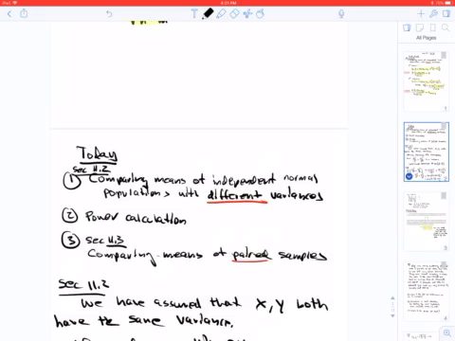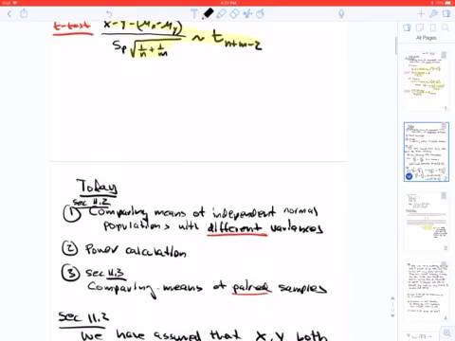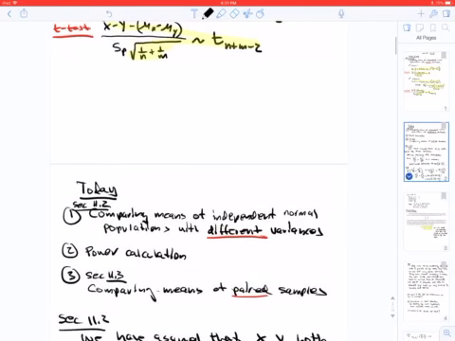Today we're going to continue section 11.2, comparing the means of independent normal populations with different variances. I should mention that we're going to come back after the midterm to 11.2 and 11.3, and instead of assuming that our populations are normal, we are going to do a non-parametric test.